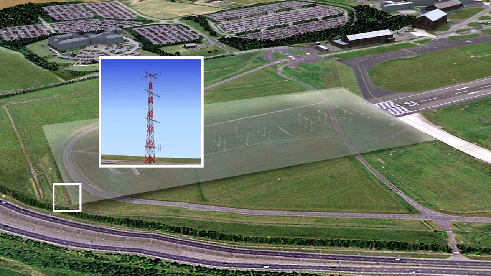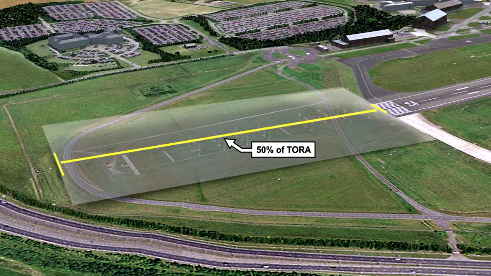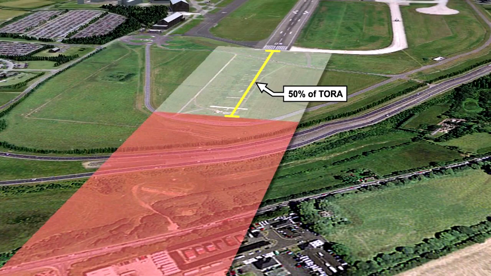The length of clearway will be the lesser of the following two distances: the distance to the first upstanding non-frangible obstacle, or frangible objects of 0.9 meters or more, or a distance equivalent to 50% of the TORA. However, some clearways are longer than 50% of the TORA.